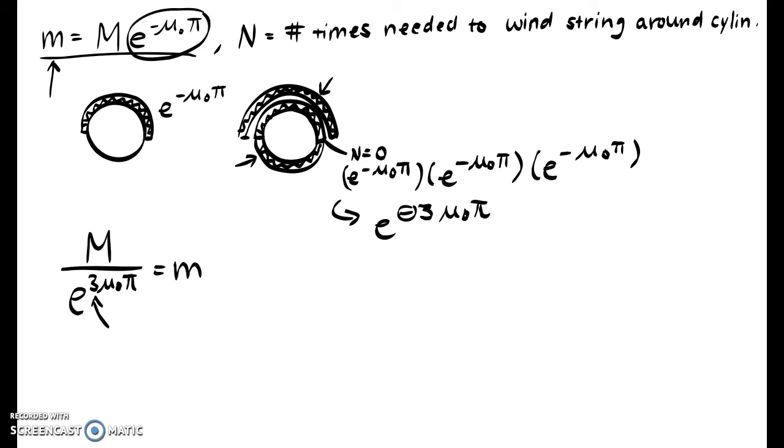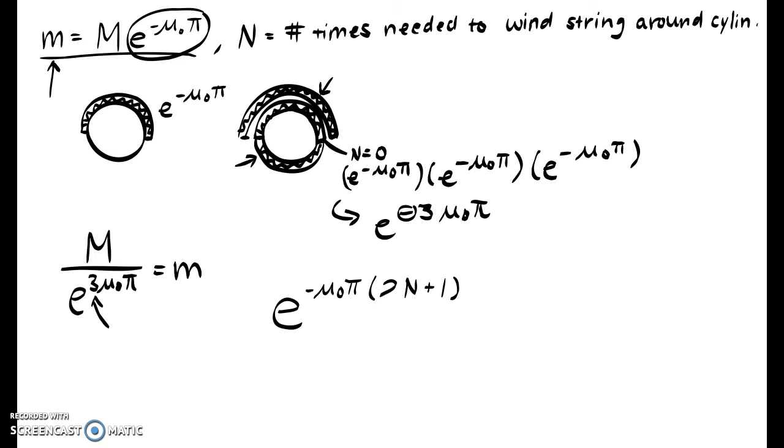We also want a more general equation for how this works. When n equals 0, we know that this coefficient has to be there, so it makes sense to add 1 to some n. But each time we wind the string around the cylinder, we wrap it over the top and the bottom, so we wrap it over both halves of the cylinder.